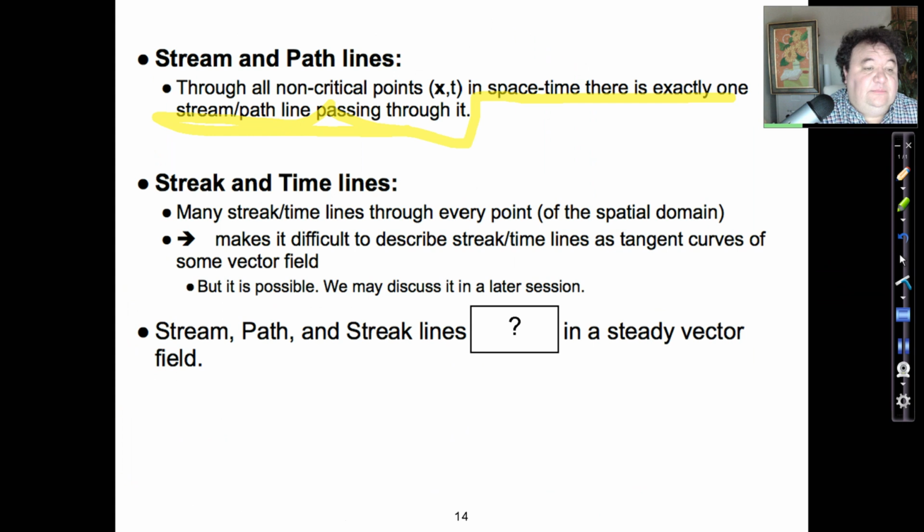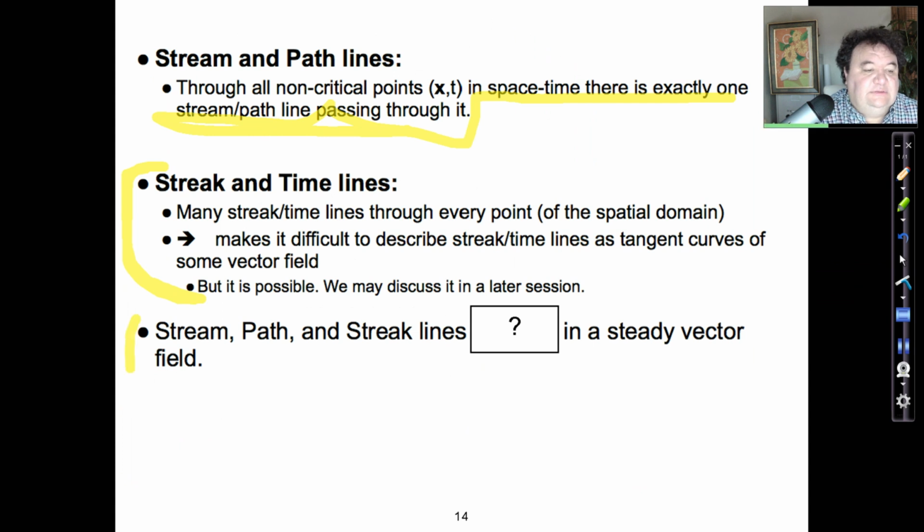While things are more complicated in terms of streak lines and timelines, because as they evolve, things can cross and so on, it makes it harder to describe.